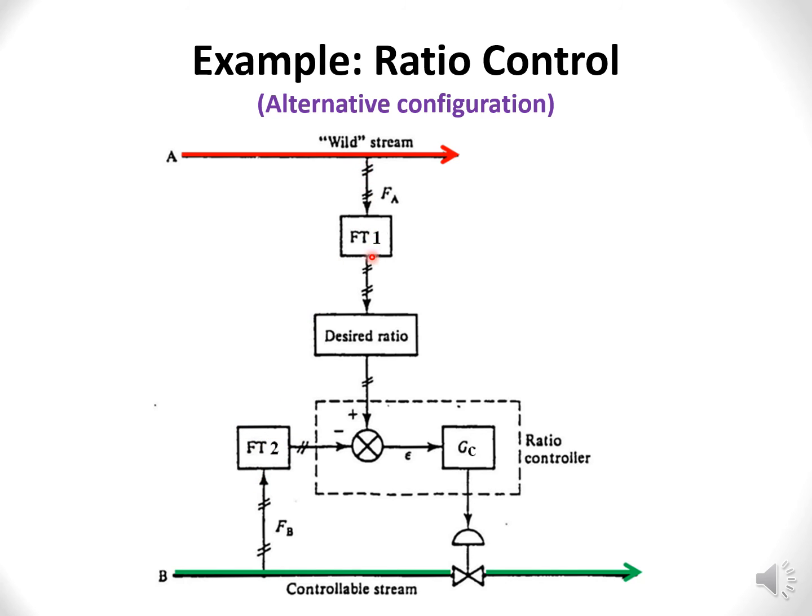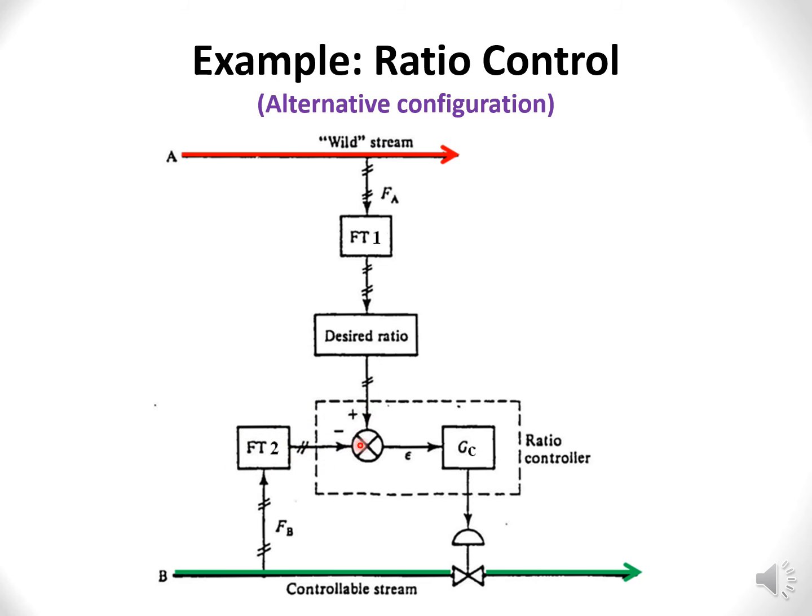We measure FT1 and multiply by the desired ratio that you want, so that this will give you the FT2 that you want. You know FT1, and you know the ratio that you want, FT2 over FT1. So by calculating with the desired ratio, this should be the desired FT2.